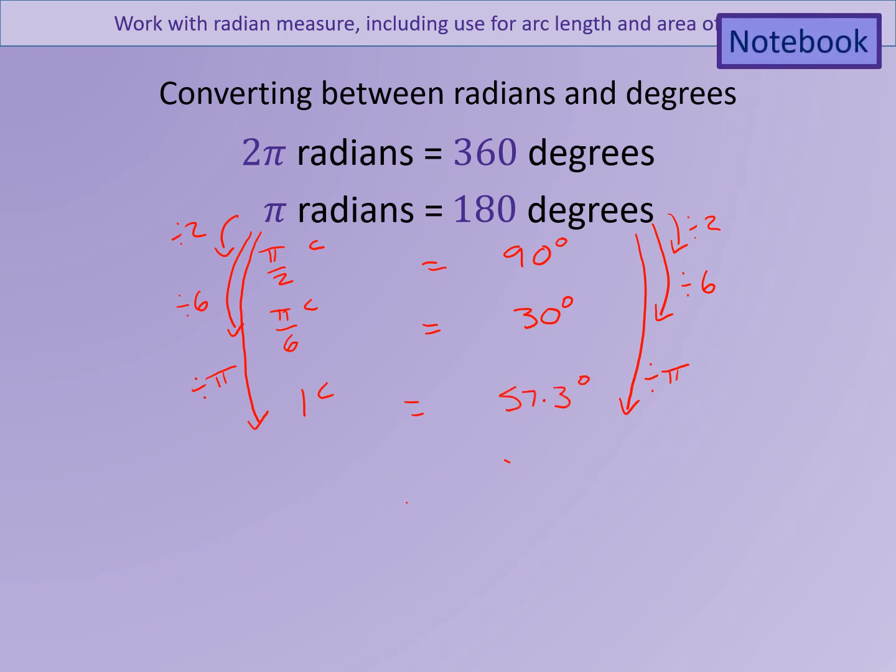Which fits in with what we saw earlier, where it looked like it was just a little bit less than 60 degrees because we could fit just over 6 of them into a full turn. Okay, so not all angles measured in radians have to be in terms of pi, but they often are, just because it makes it simpler to use.